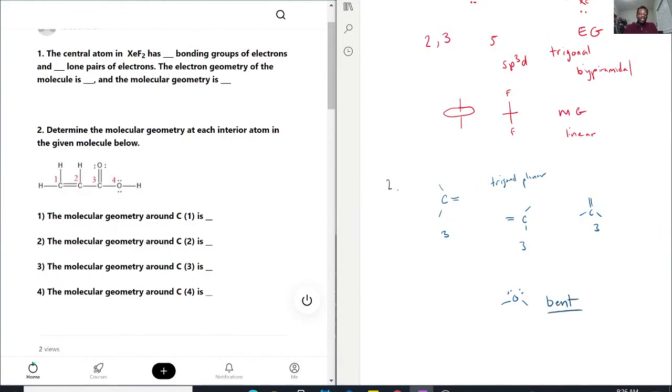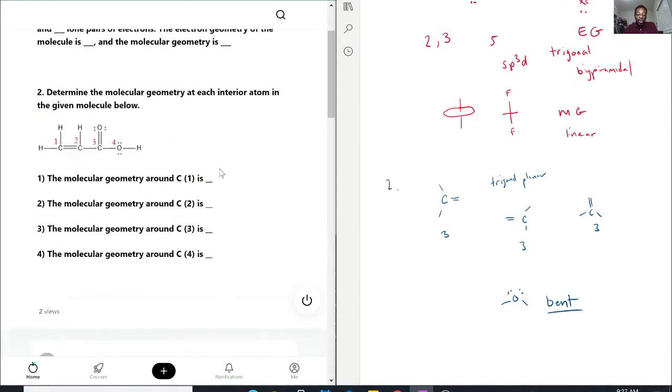So just as a review, the molecular geometry for the first, second, and third carbon should all theoretically be trigonal planar, because although there are double bonds, those count as just one bonding group when you're referring to its geometry. Now let's see how we did with the whole question.